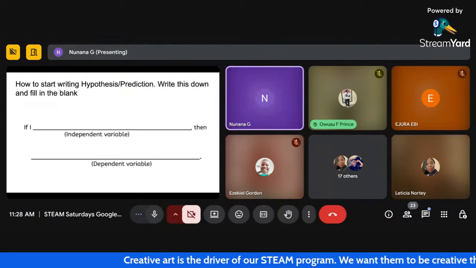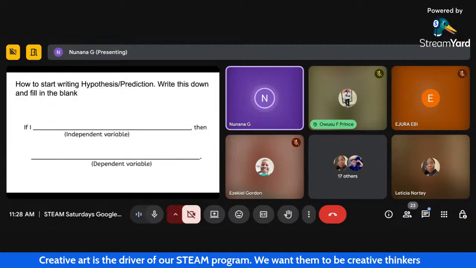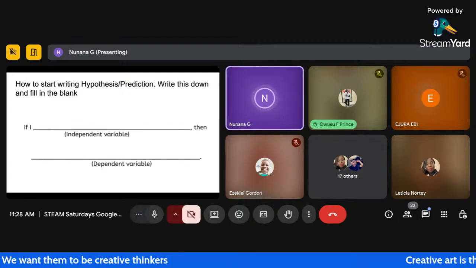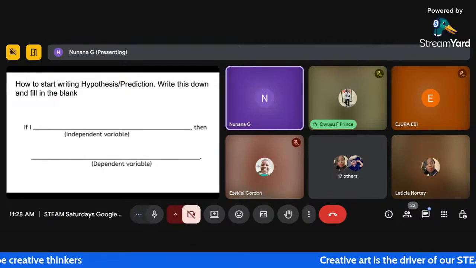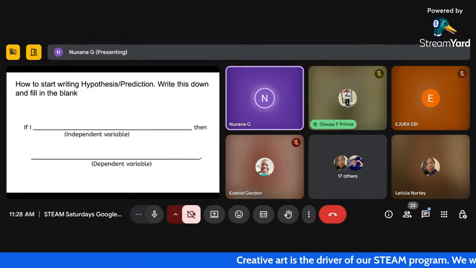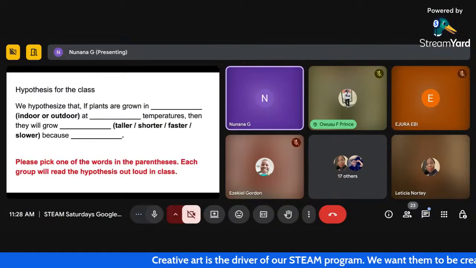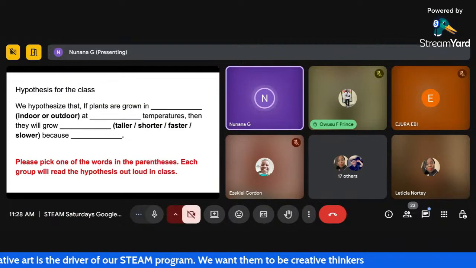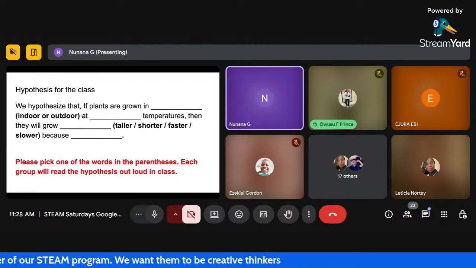This is for you to make your own hypothesis, to fill in the blank. This is how to start writing your prediction. This is an example of it. It is already written for you. All you have to do is fill it out.